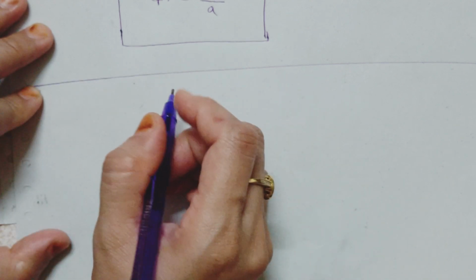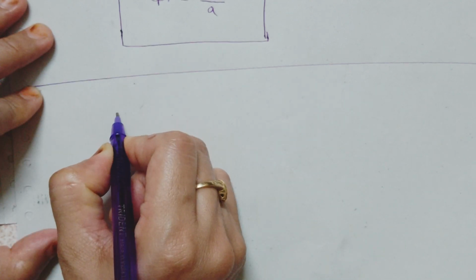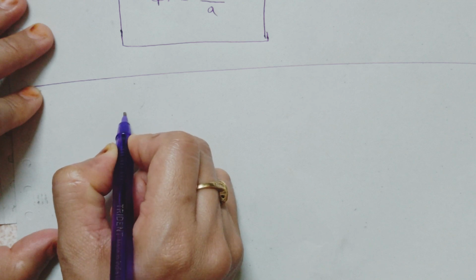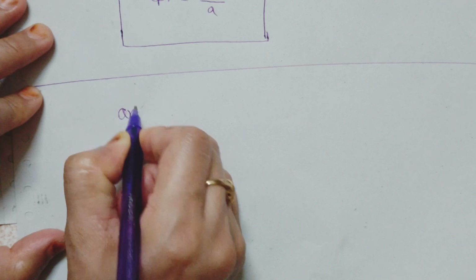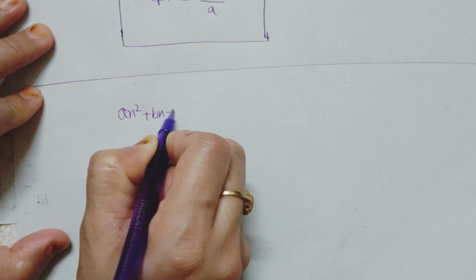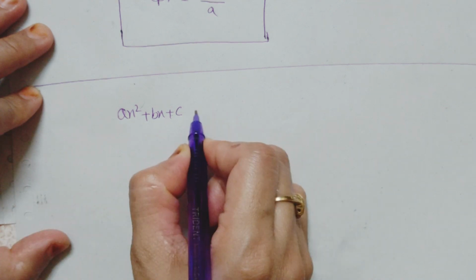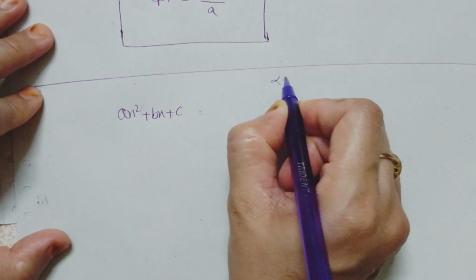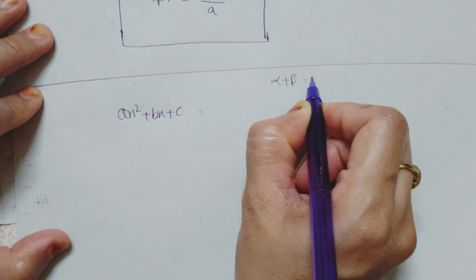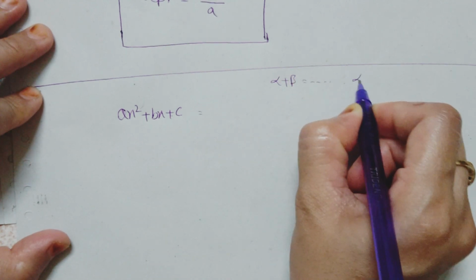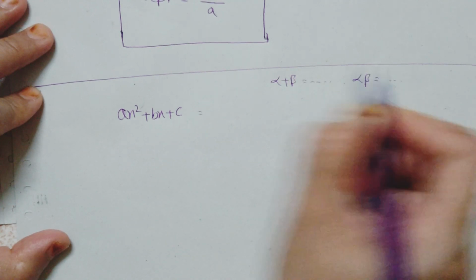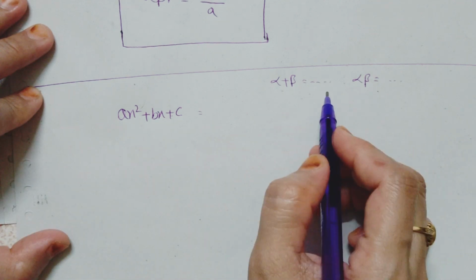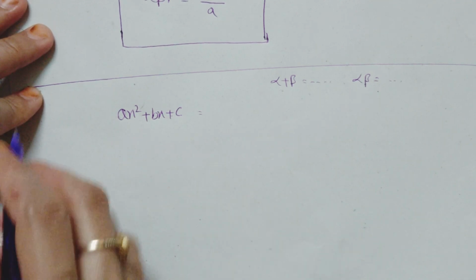The general form of a quadratic polynomial is ax square plus bx plus c. Now the examiner has given you the values of alpha and beta, and by using these two values you have to make a quadratic polynomial.